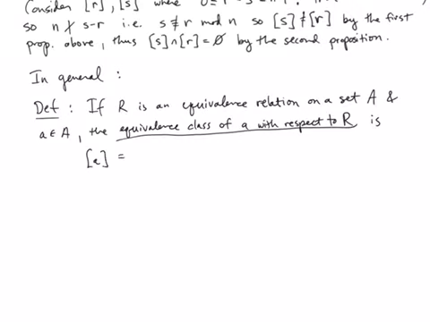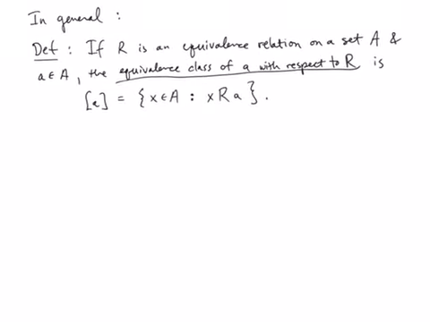We just read that as the equivalence class of a, and it's the set of x in A which are related to a. So it's the set of x such that x is related to a. You have a in your set A, and the equivalence class of a is all of the x that are pointing to a.